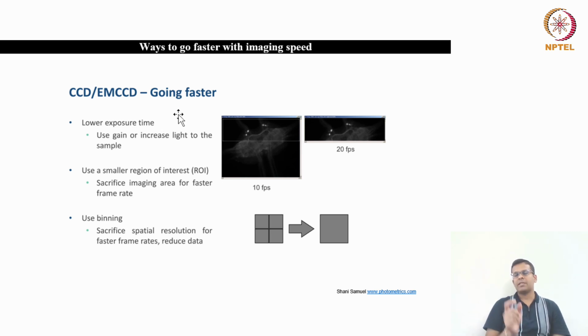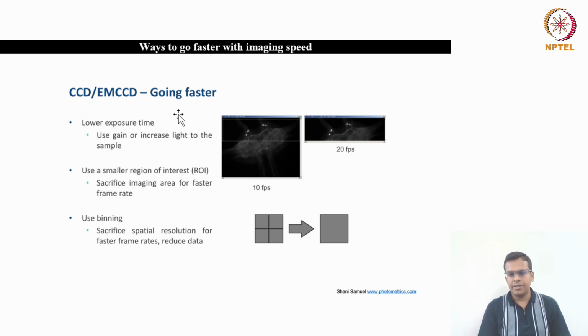Suppose you keep your exposure time at 50 milliseconds; you cannot go faster than 50 milliseconds, because the camera will expose the sample for 50 milliseconds, then take maybe another 10-15 milliseconds for processing. So you cannot go faster than 60 or 75 milliseconds. The first thing to go faster is a low exposure time, either by increasing your light intensity or by using EM-CCD or sCMOS detectors.